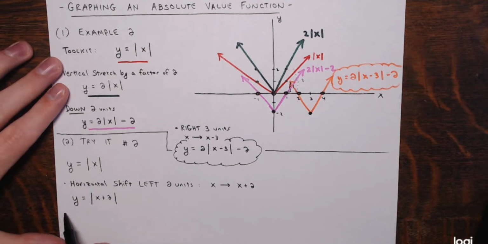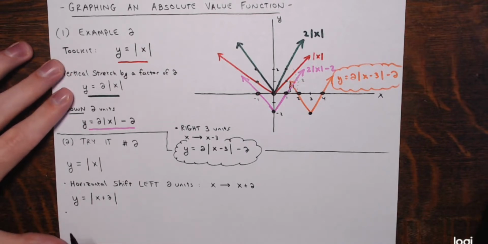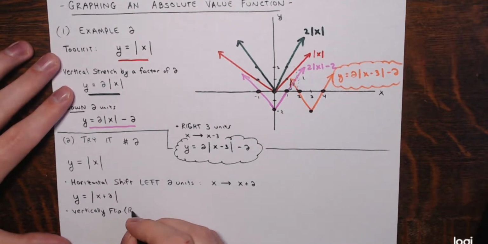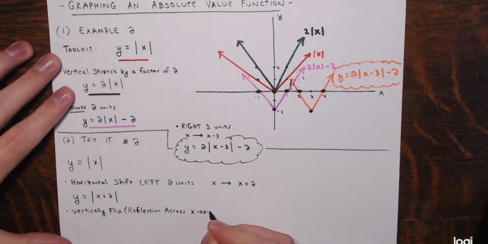Then we're asked to vertically flip this function. In other words, reflect across the x-axis. A horizontal flip would be across the y-axis.